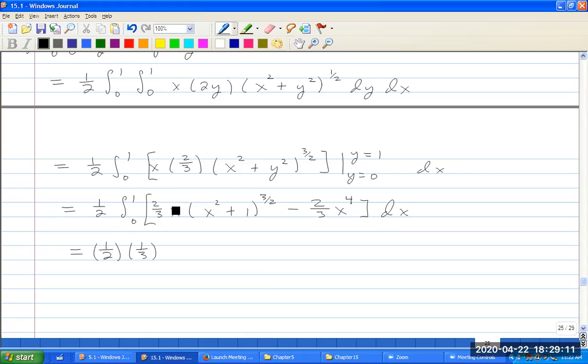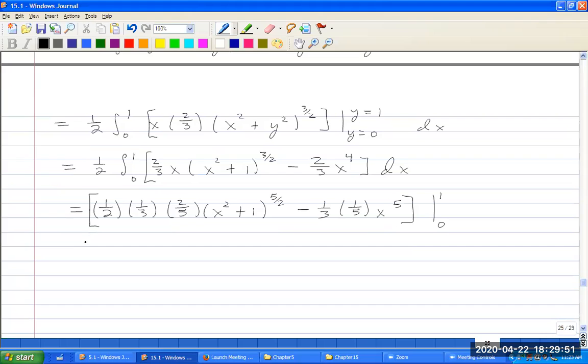Then I have a 2x, so let's just keep the 2 with the x. X squared plus 1 to the 3/2. So if I integrate that, add 1 to that, gives you 2/5 x squared plus 1 to the 5/2 minus 1/3. I can just cancel the 2's. 1/5 x to the 5th. And this is evaluated between 0 and 1.